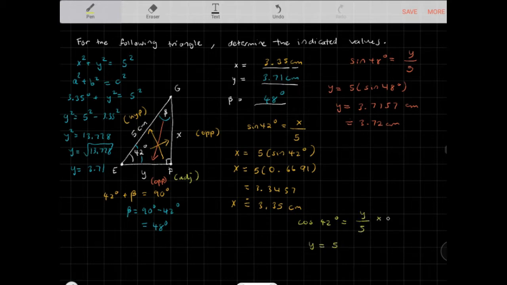Then if I multiply 5 to both sides, you can solve for y: y is equal to 5 times cosine 42 degrees, which is approximately 3.7157 as well. So ideally, we would probably want to round this to 3.72 centimeters, but at the end of the day, it's the same thing.